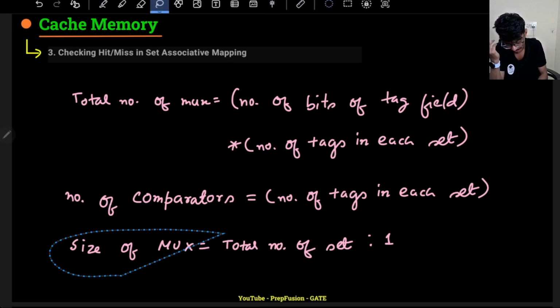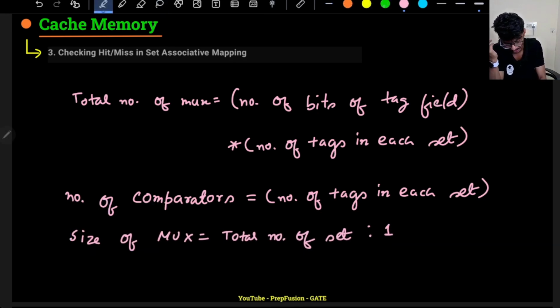What is the size of the comparator? Again, size of the comparator will be the same, because we are comparing the tag field. So whatever is the size of the tag field, that is number of bits of the tag field, that will be the size of the comparator.